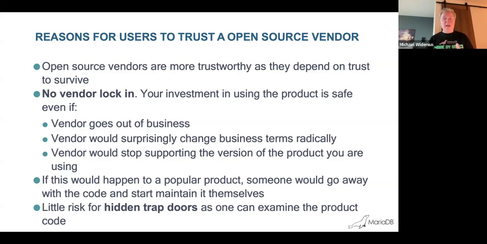So there's less risk than with a commercial closed source vendor that disappears, where instantly the product is unusable for you. And also with open source projects, there's much less risk of hidden trapdoors that suddenly come in and steal your business secrets and so on.